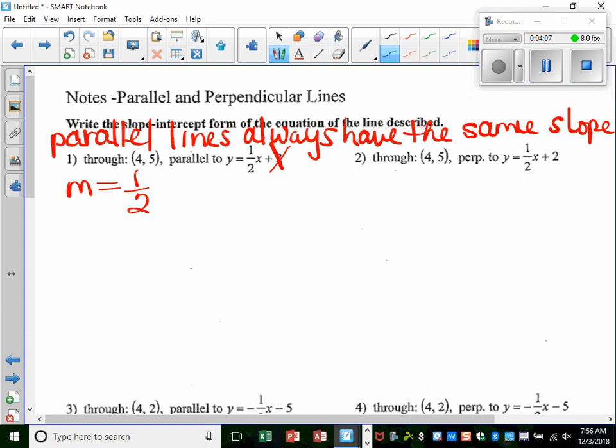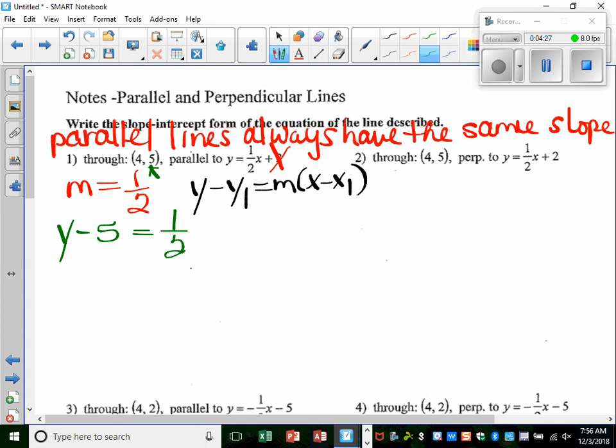Now recall point slope form, y minus y sub 1 equals the slope number times x minus x sub 1. Okay, that is point slope form. So I'm going to just put my numbers in the proper places. So y minus 5, that comes from the y coordinate, equals my slope number, which is 1/2, times x minus 4, which is the x coordinate of the point.